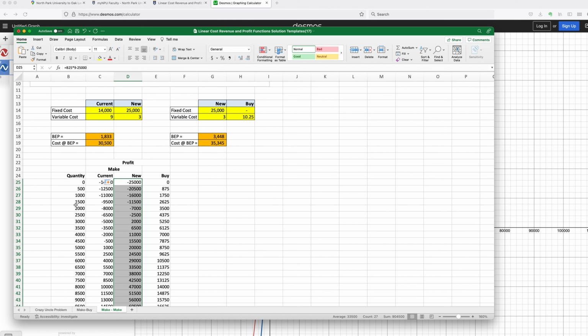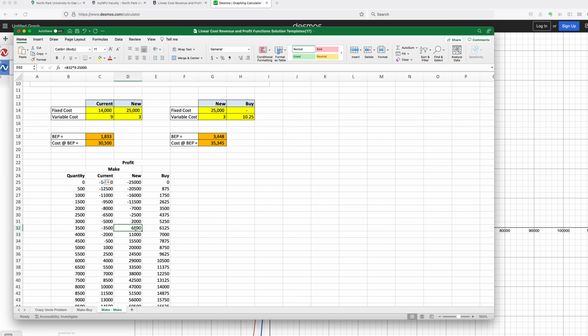So it's advantageous between 1,500 and 2,000, but it's actually showing a profit starting between 2,500 and 3,000. So the new machine would be better than the current machine, but it's still not as advantageous as the buy until we get to 3,400, which is between these two numbers. Once we get to 3,500 or higher, the new machine is the way to go.